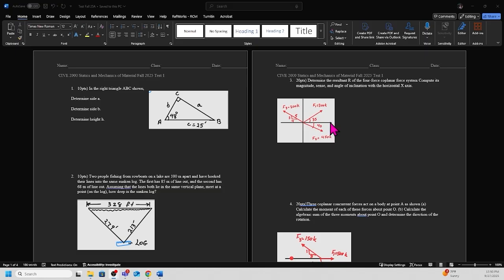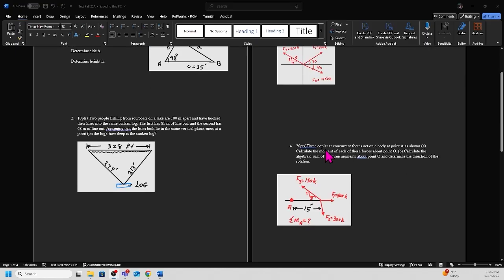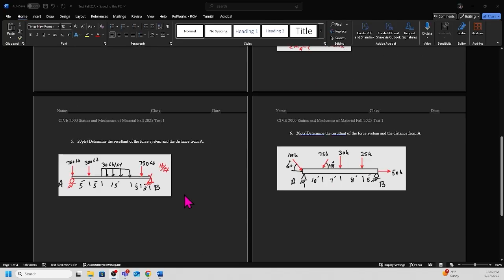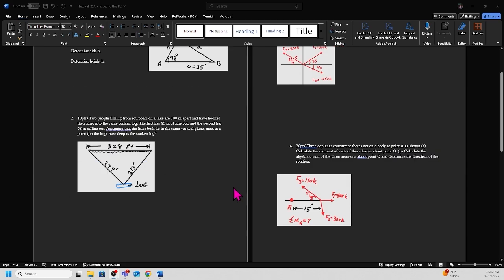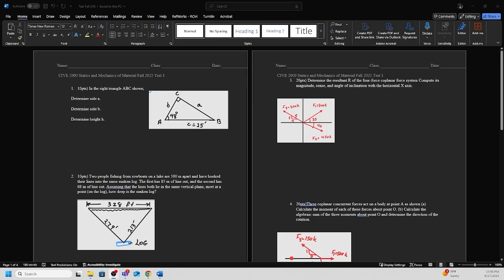And the third one was a vector, basically what's the summation of a vector, what's the resultant force. This one, a lot of you had a hard time. It's just taking a moment about point A with all these three forces. And then we had these two other ones, find the resultant force and the direction. So let's go back to problem one and see if we can crack that one.